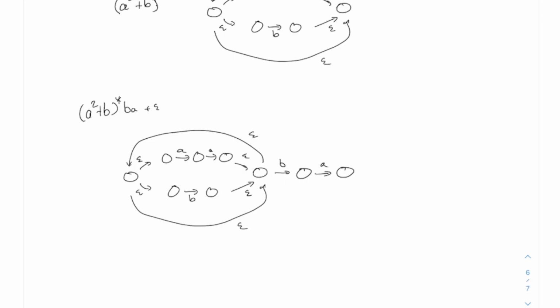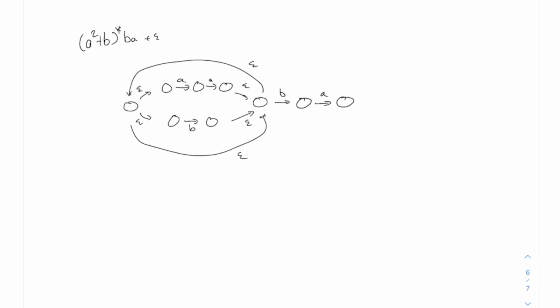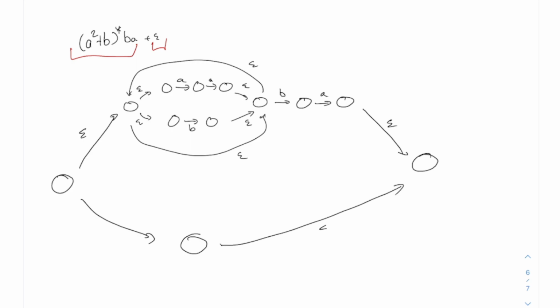So actually, to construct the plus in the way that we usually do, this is two things which are combined with the plus. So what I've drawn so far is just the upper branch of a plus. And the lower branch is just an epsilon. So this I will tie into the final state like that.